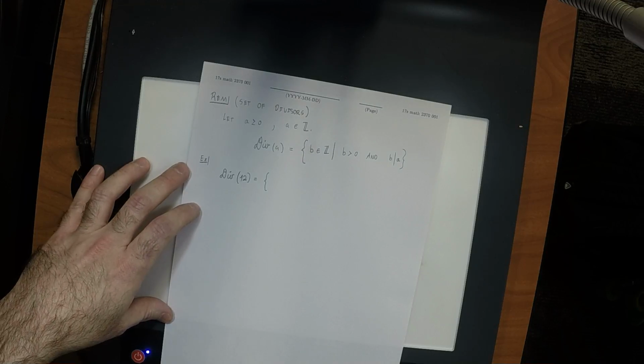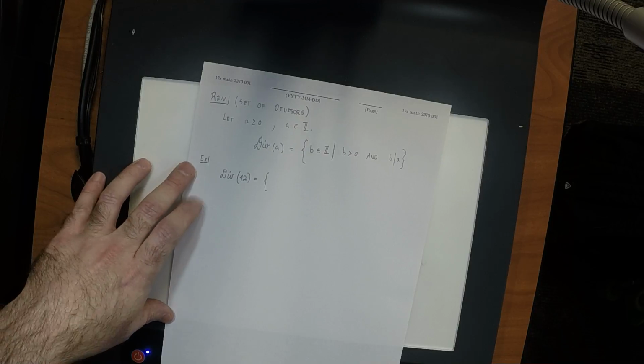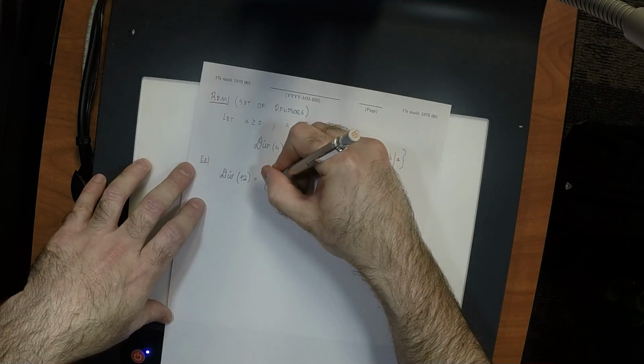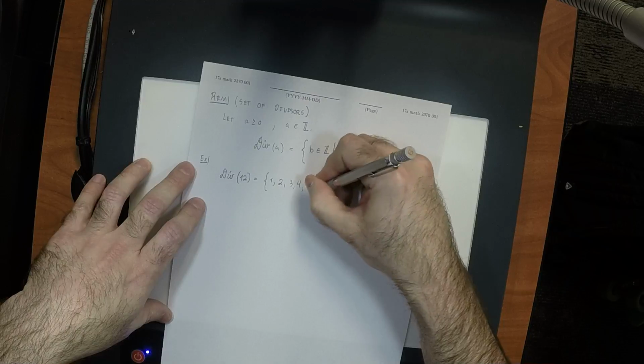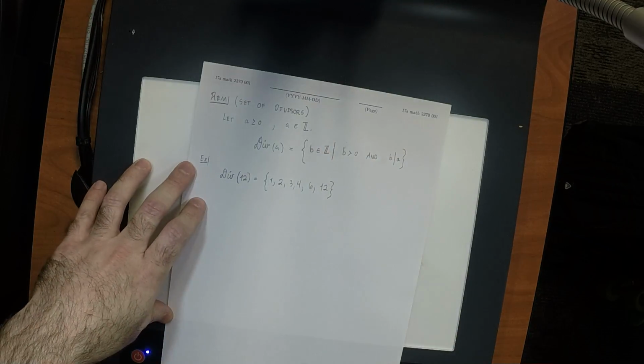Depending on how you did it in middle school, 1 times 12, 2 times 6, exactly this. Okay, so what's the smallest divisor? 1, 2, 3, 4, 6, 12. Okay, good.